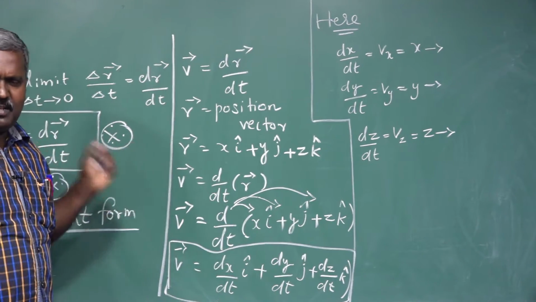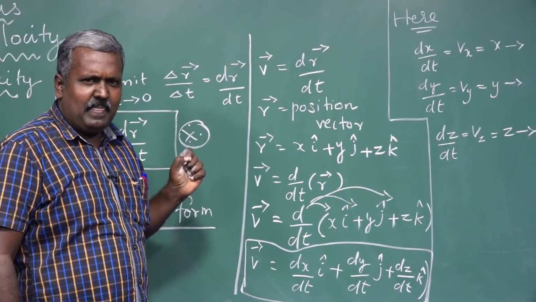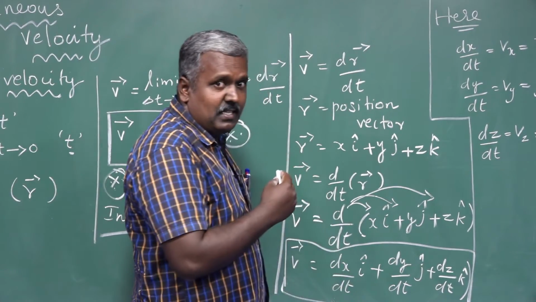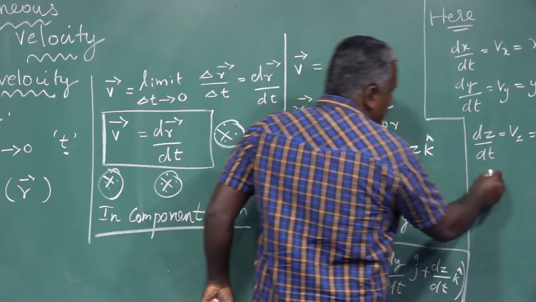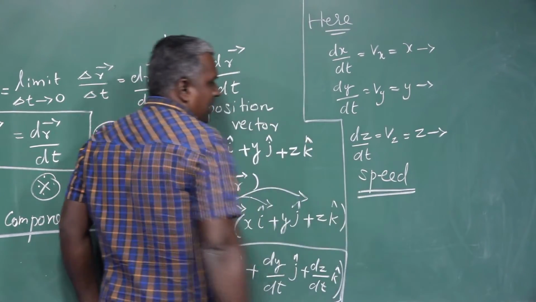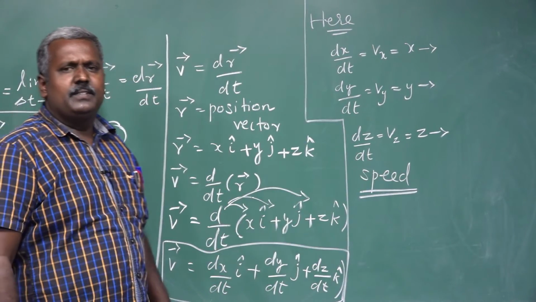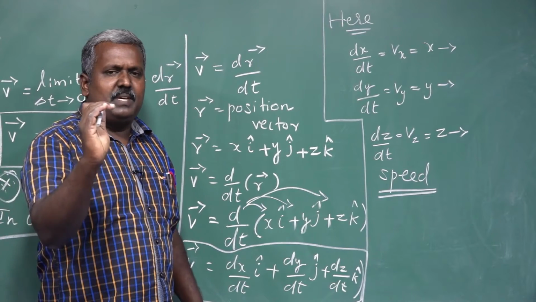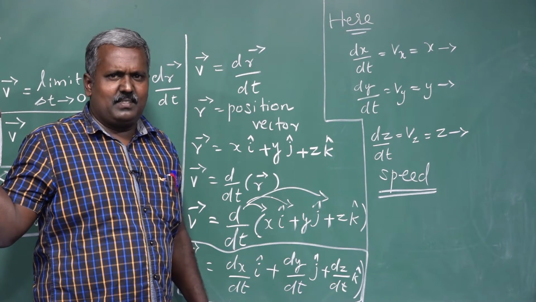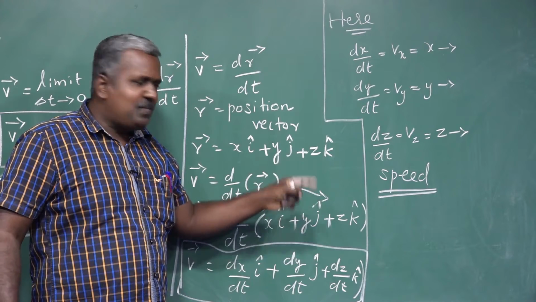Next, a very important formula for speed. This is velocity, but now we are going to discuss speed. What is velocity basically? Displacement by time. What is meant by speed?